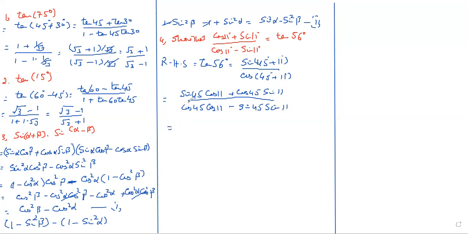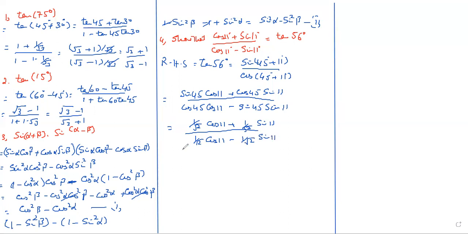Right. So just putting this value, 1 over 2 root 2 cosine 11 plus 1 over 2 root 2 sine 11, divided by 1 over 2 root 2 cosine 11 minus 1 over 2 root 2 sine 11.